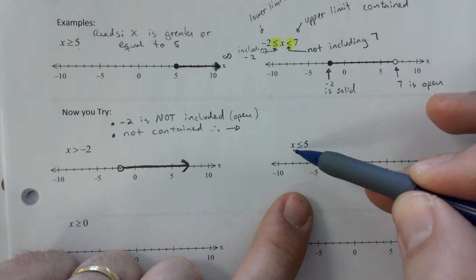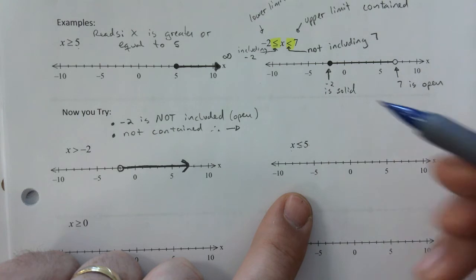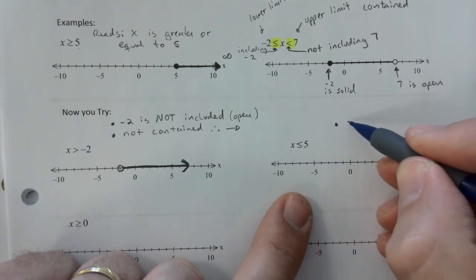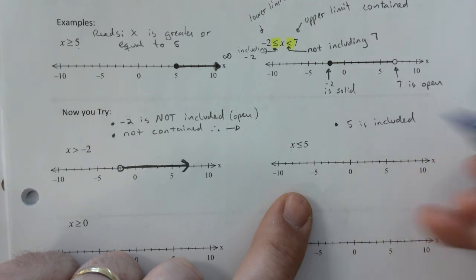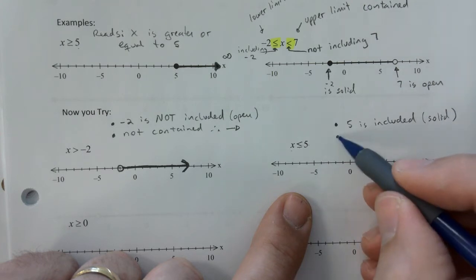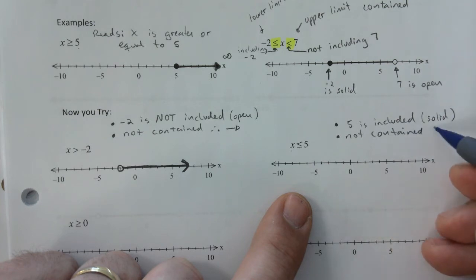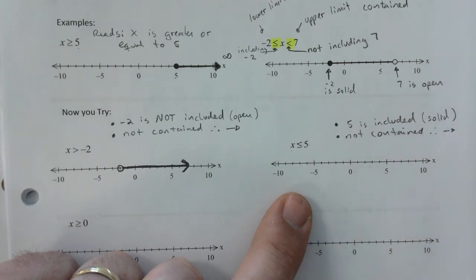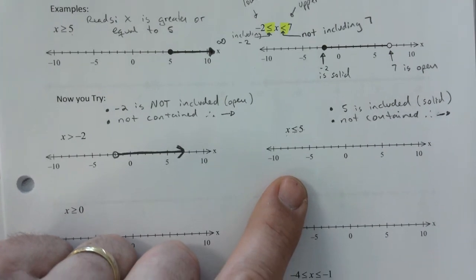Here it's saying, read it from left to right. x is less than or equal to 5. So 5 is included, so it's solid, and not contained. Therefore, there's just one arrowhead.